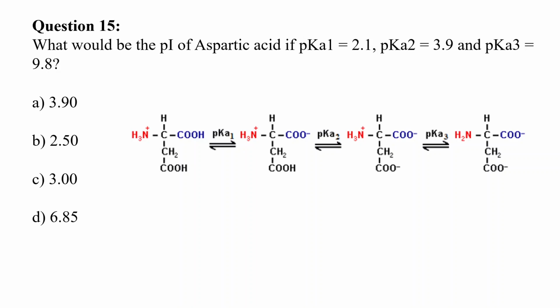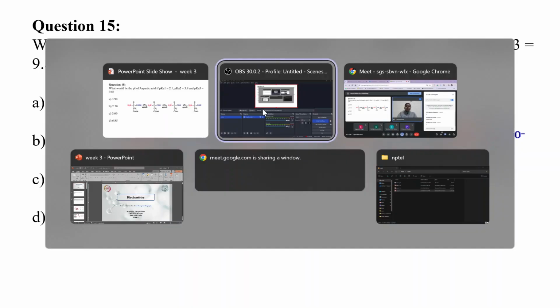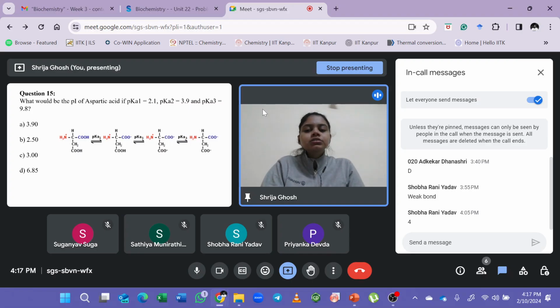So I have the structure of aspartic acid given at different pH, and the charge is also given. So I will have to calculate the pI of this aspartic acid. The pK values are given at every state. So does anyone know how to calculate? What will be the answer for this?